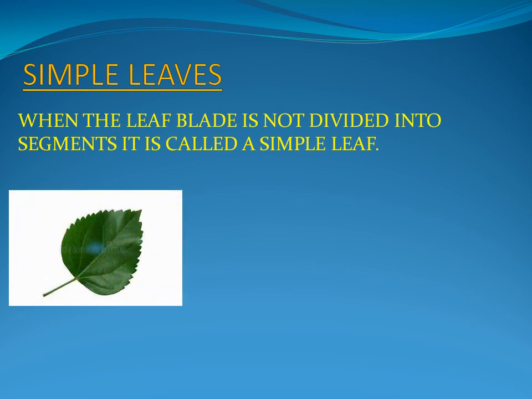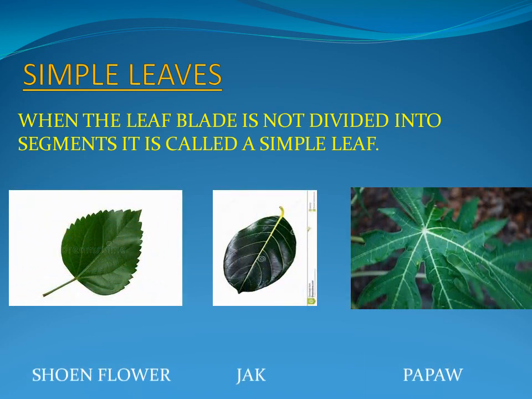You can see three simple leaves over here: the first one is shoe flower, then jack, and then potato. You can see in these three pictures that the blade is not divided into segments, so these are called simple leaves.